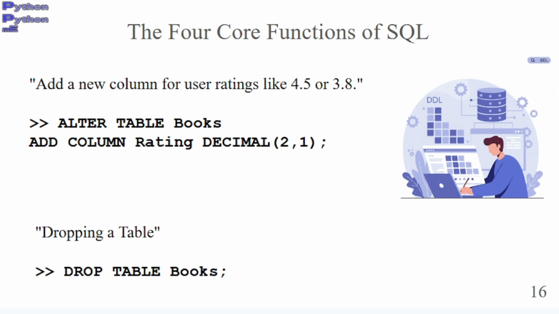This allows us to use one decimal place, such as to represent the numbers 4.5 and 3.8. Therefore, once we have understood the requirements, you can write this command: alter table books add the column rating decimal 2,1. Note, depending on the requirement, let's say if you want to have two numbers before the decimal place, you will write something like 3,1 and so on.